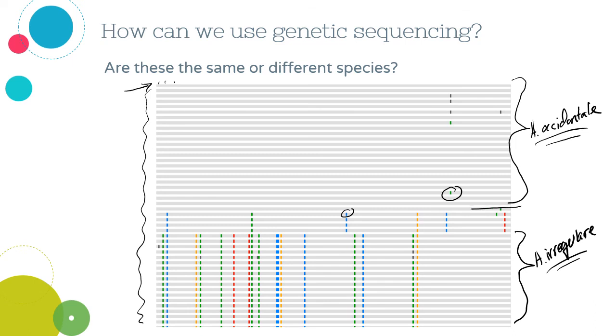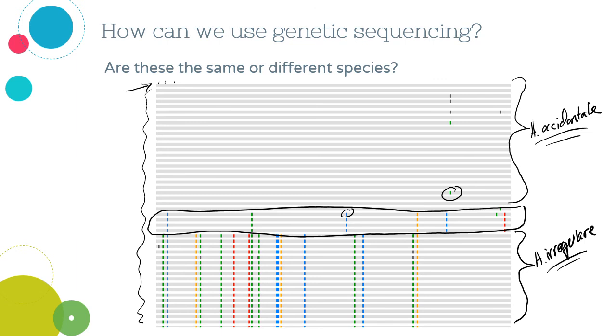Interestingly, this was what I was studying. So we see a SNP here that matches irregulare, and a SNP here that matches irregulare, and one here. Then we have several SNPs that don't match anybody, and here we would see regions that match occidentale, where it's gray, where we have differences in Heterobasidion irregulare.